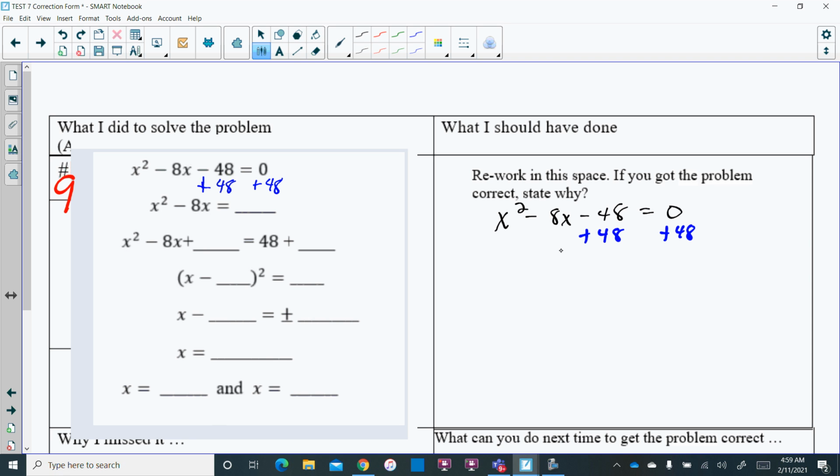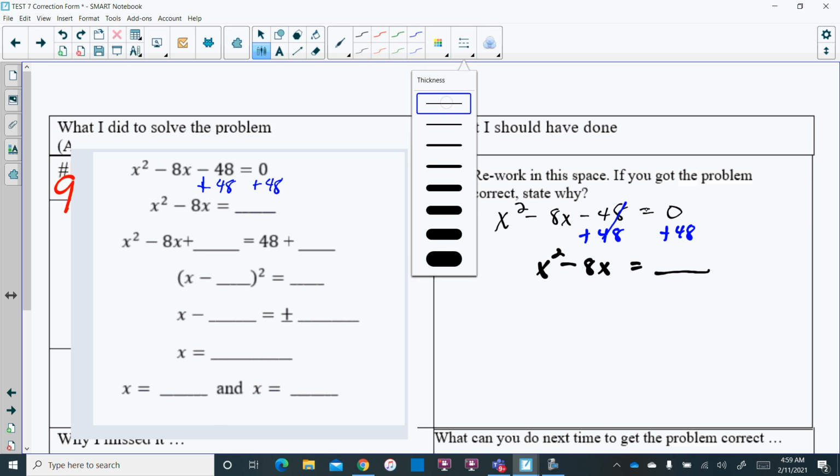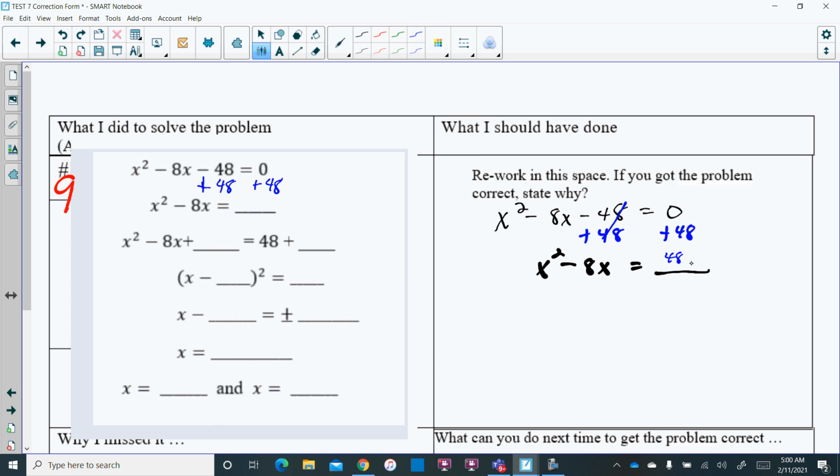So the first blank that we should have, because these are going to cancel, was x squared minus 8x equals, and in this blank I was looking for the 48. Then we have the statement x squared minus 8x plus blank equals 48 plus blank.